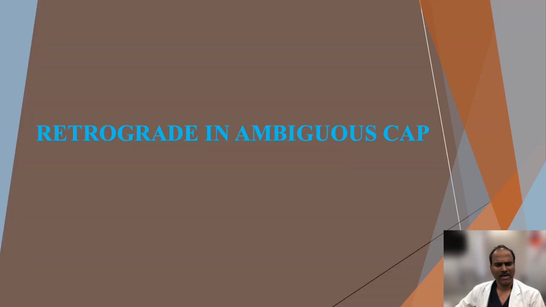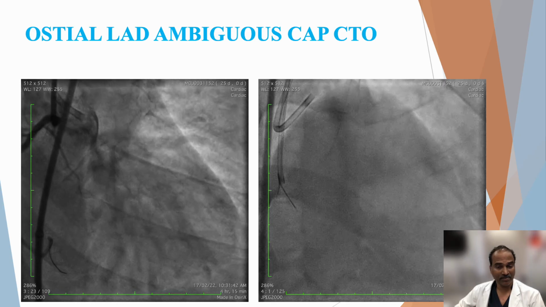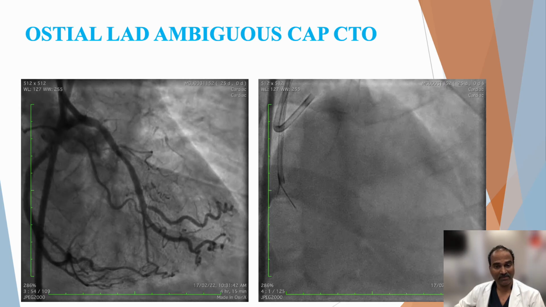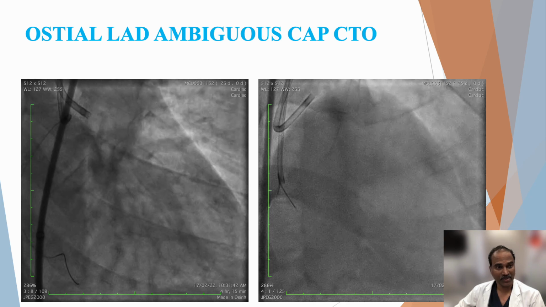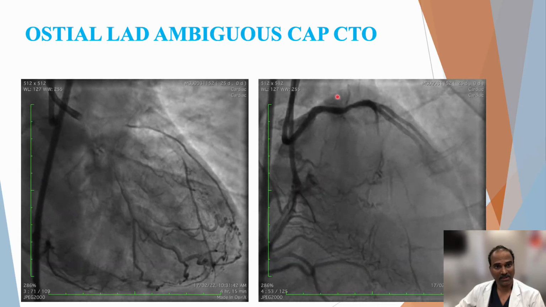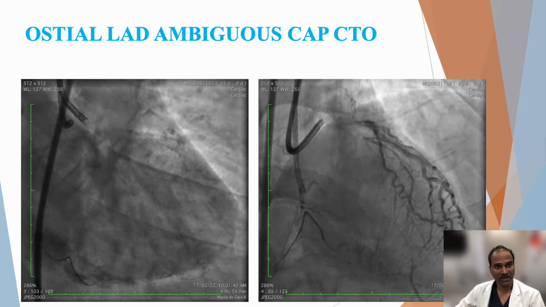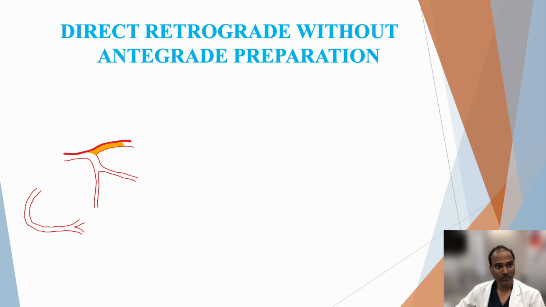Coming to ambiguous cap scenarios, as I already mentioned, ambiguous cap is one area where we might go primary retrograde, but again there is a cost to pay sometimes if the ambiguous cap is sitting right in the ostial LAD. This is an ostial LAD CTO. If you go retrograde without antegrade preparation, what can happen in this patient?